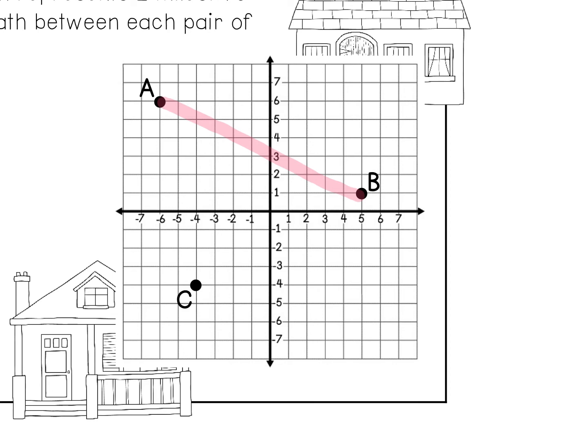That's a diagonal, so I'm going to use the Pythagorean theorem to help me out. Now, each unit is 2 miles. So instead of saying that this is 11, I'm going to say it's 22 miles. And instead of saying that this is 5, I'm going to say that it's 10 miles.